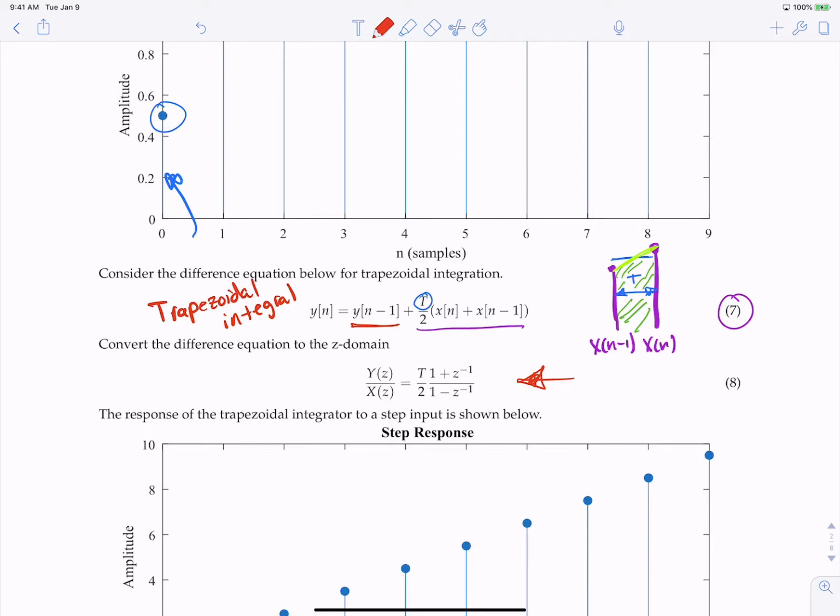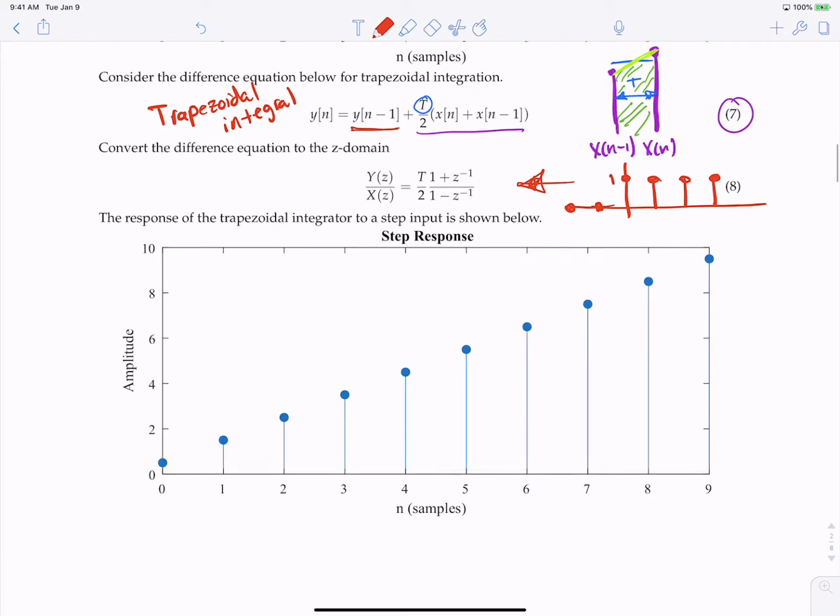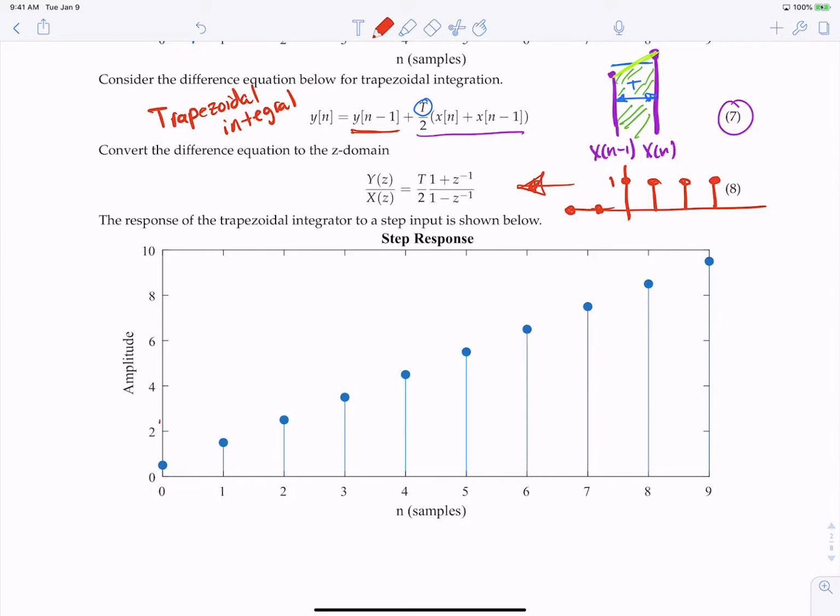Okay, perfect. Now, let's do a step input to this. A step input is again going to look like this. It's going to step from 0 to 1 at time 0. So we're stepping it, and it's an integrator. Okay, let's see what happens. At time 0, we have this point here.